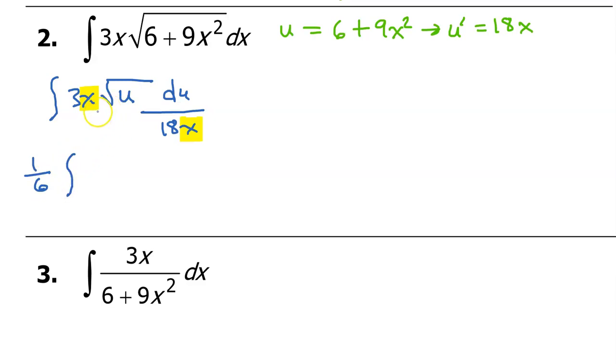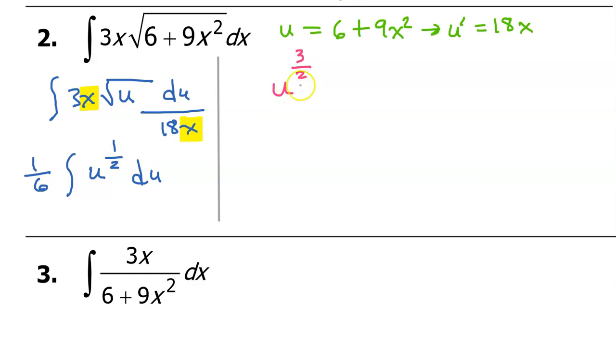the integral of the square root of u. I'm going to rather write the square root of u as u to the 1/2 power. Now I can use the power rule of integration. What you do is you add 1 to the exponent. That's going to give me 3 over 2.